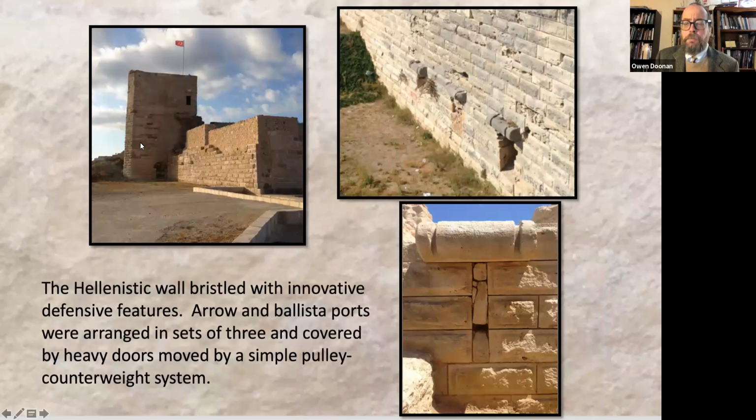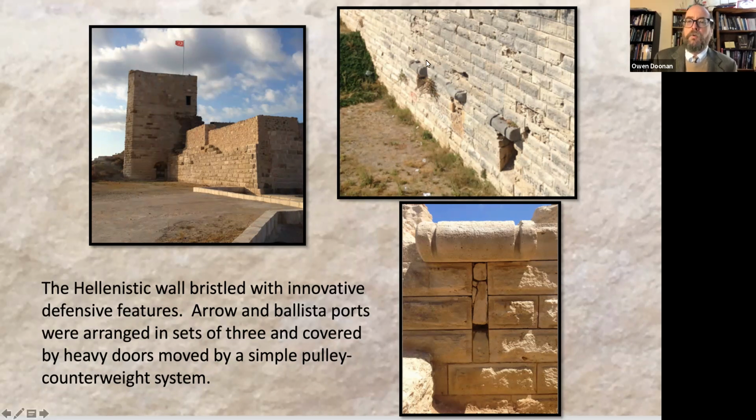Now, this Hellenistic period wall was really beautiful, state-of-the-art, quite unusual in many ways, but typical, I suppose, of the spirit of the age. This was a time of grand royal ambitions for many local kings and dynasts, and so the beauty and the technical sophistication of the wall fit in with the time.